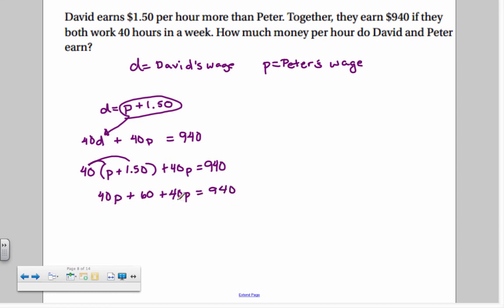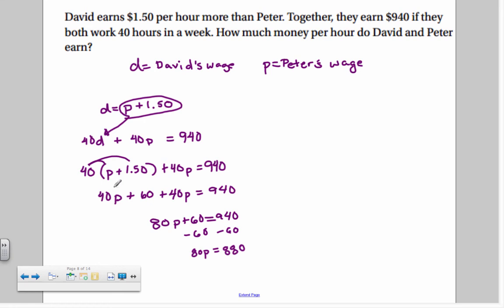Add my like terms, 40P and 40P is 80P. Plus 60 equals 940. And now I'm going to subtract 60 from each side. So I get 80P, and 940 minus 60 is going to give me 880.